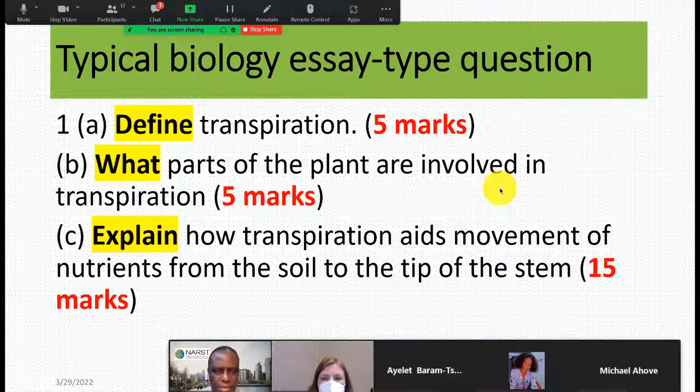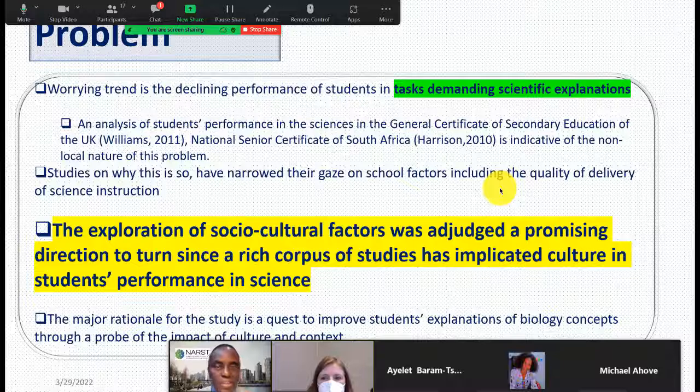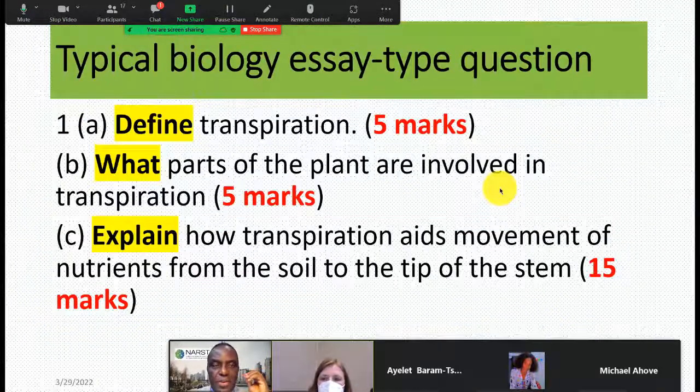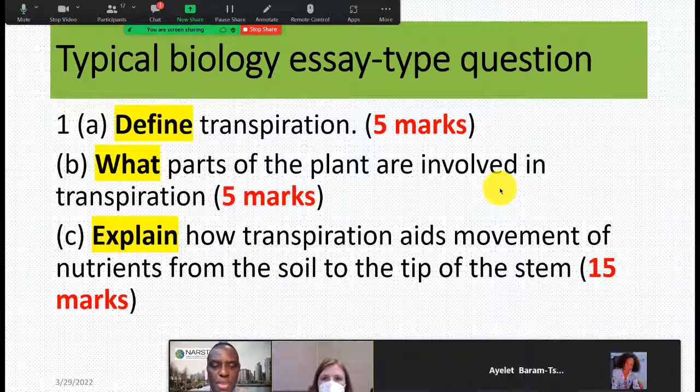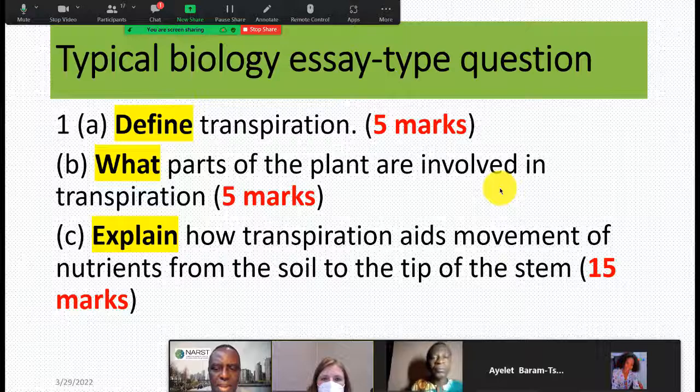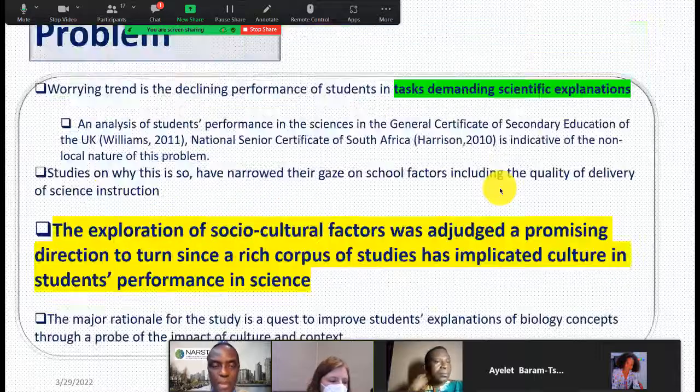What did we find? We found that over the years, the students will do well in question 1A, in question 1B, but when it comes to explaining, it becomes a challenge. And so at the end of the day, you'll find that the students score low in biology exams.